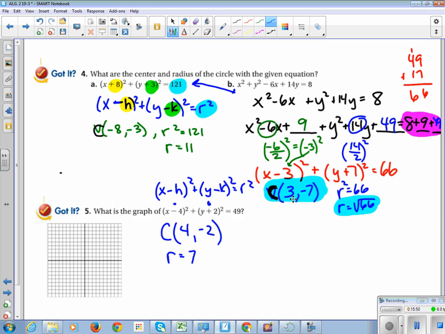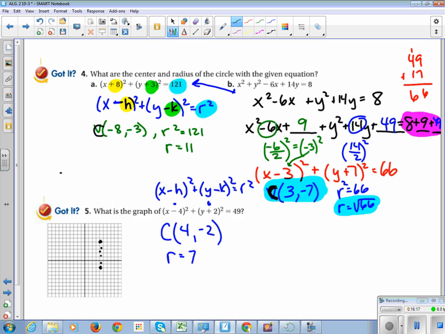So once we know the center and the radius, it's really easy to graph. So my center is at 4, -2. So here's my center. And I'm going to go north, east, west, and south 7 units. So I'm going to go north, 1, 2, 6, 7.